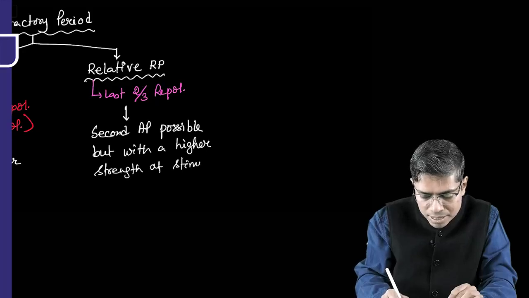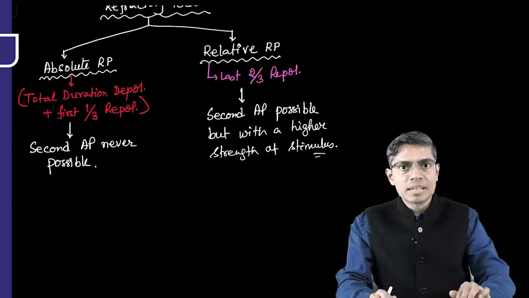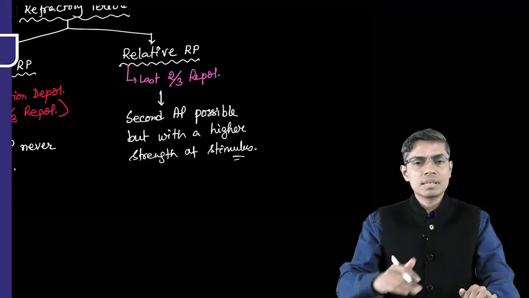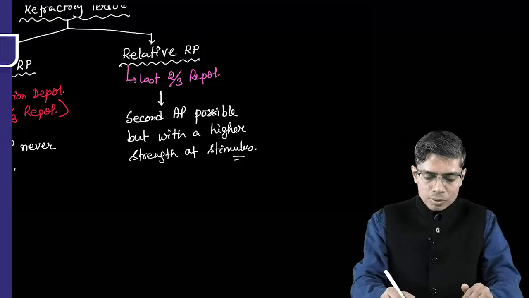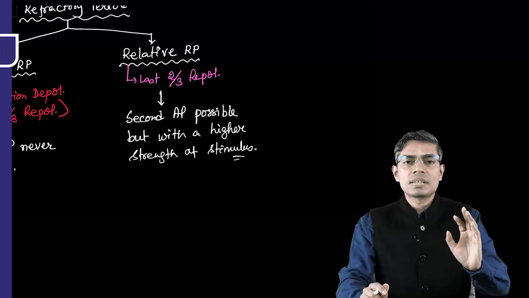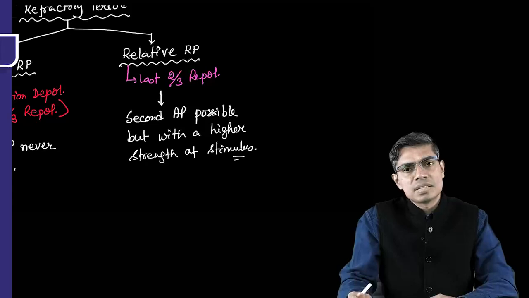Getting my point? Higher strength of stimulus means, suppose the previous action potential was generated with a 5 millivolt stimulus. The second action potential will be generated during the relative refractory period, provided that the stimulus strength is more than 5. More than 5 means how much? It depends on different neurons, different cell membranes.